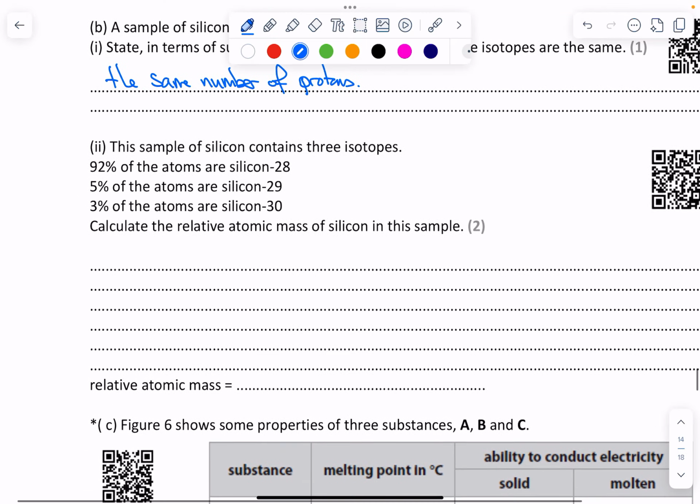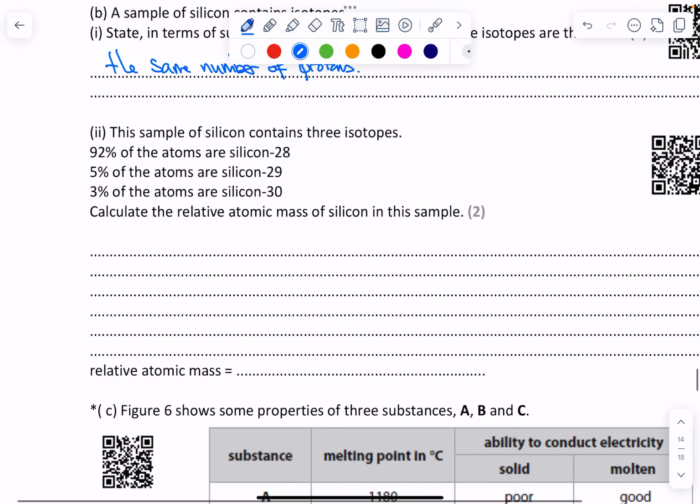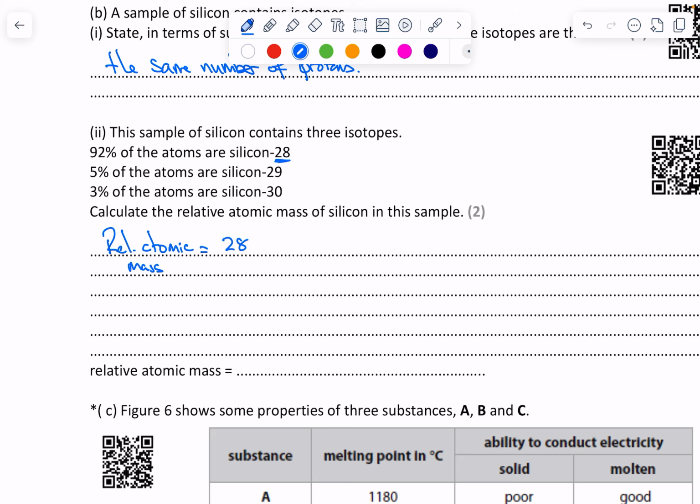Okay, the next one is calculate the relative atomic mass given that it's an isotope and we've got 3 isotopes here. So let's just put down that we're trying to calculate the relative atomic mass. And to do that, what we do is we take the mass of the first isotope, which is 28, and we multiply it by the percentage of that isotope.